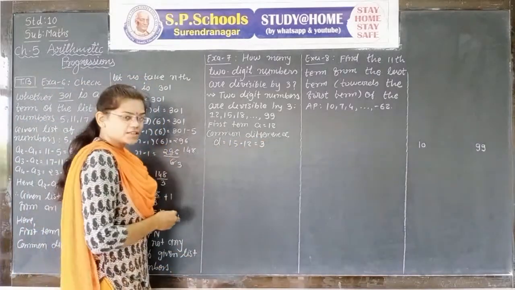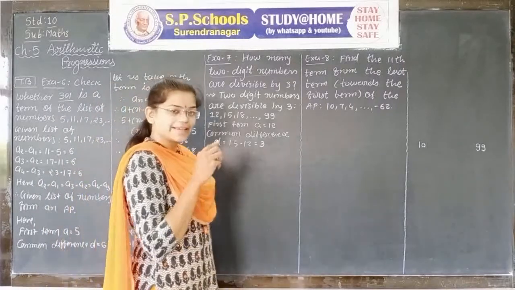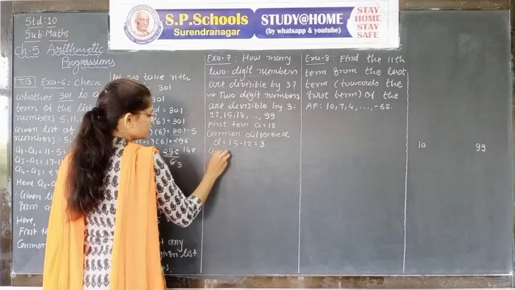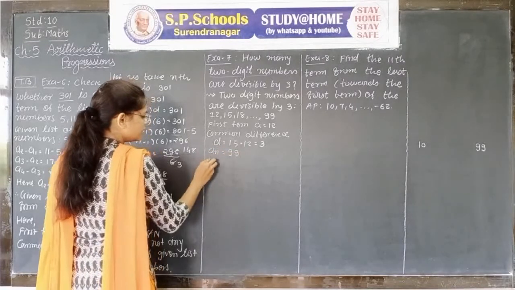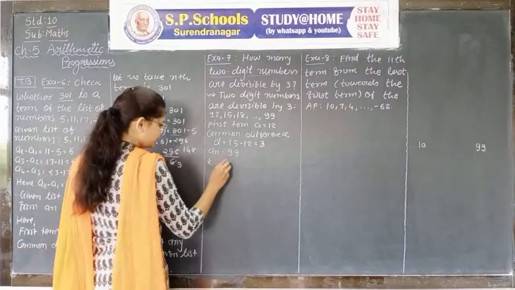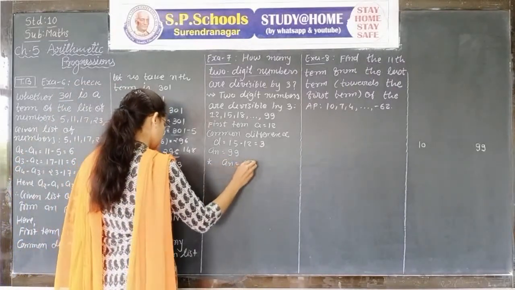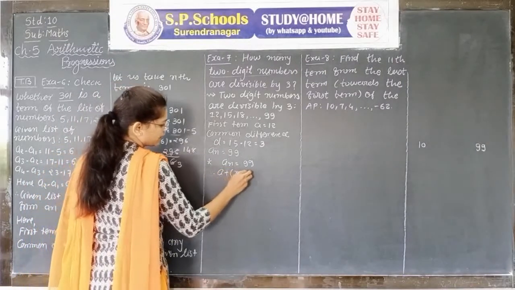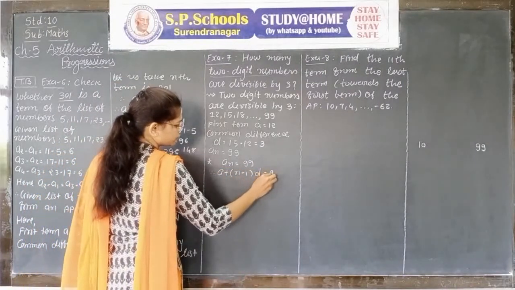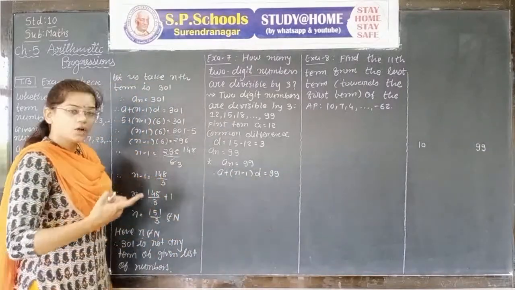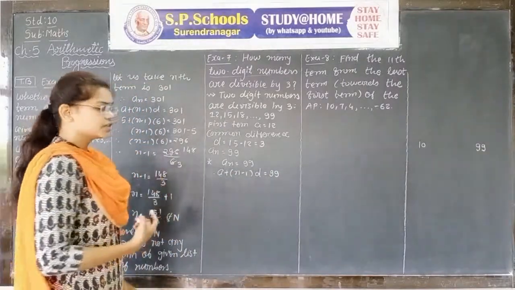We know the last term. Last term is called an or l, as we know. an is equal to 99. Here we are using the concept of the nth term. an is equal to 99, where an is a plus (n minus 1) into d. The value of n gives how many 2-digit numbers are divisible by 3.